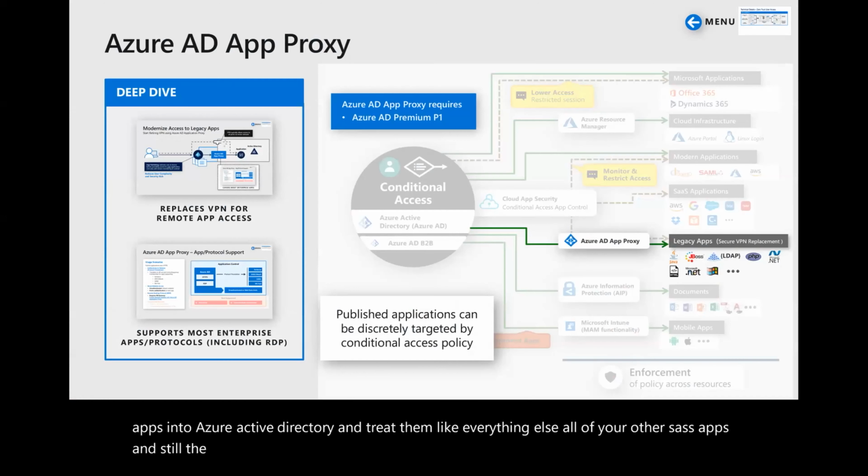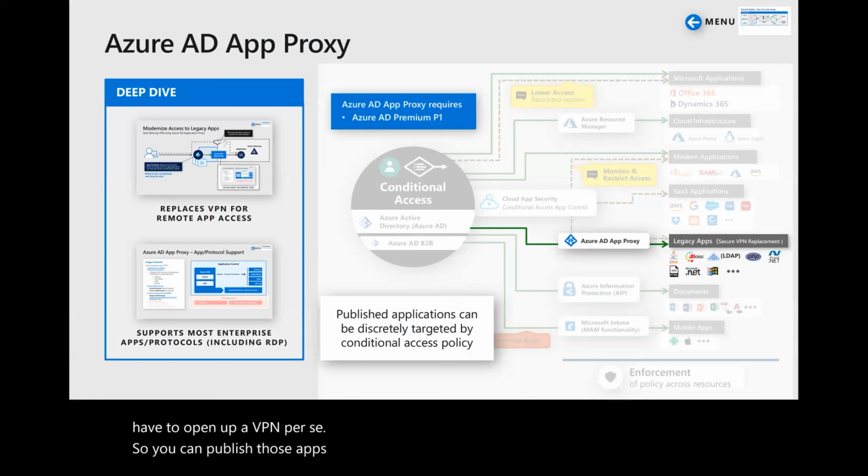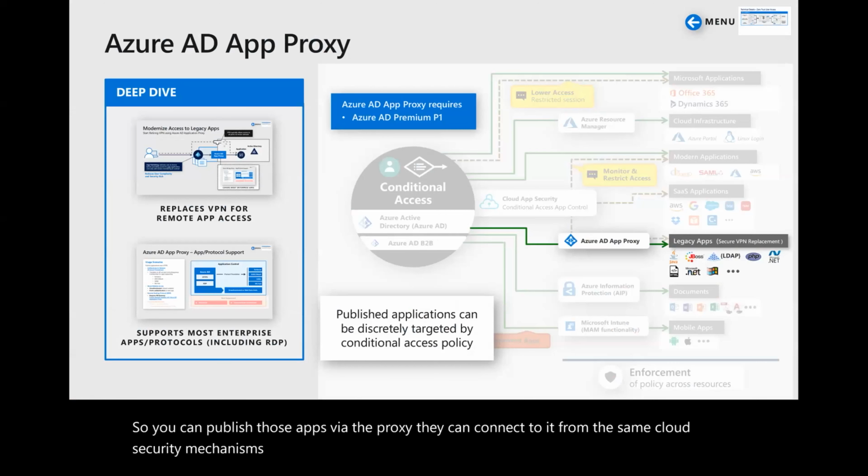You can put MFA in front of it and maintain that security and not have to open up a VPN per se. So you can publish those apps via the proxy. They can connect to it from the same cloud security mechanisms without having to VPN to your corporate network.